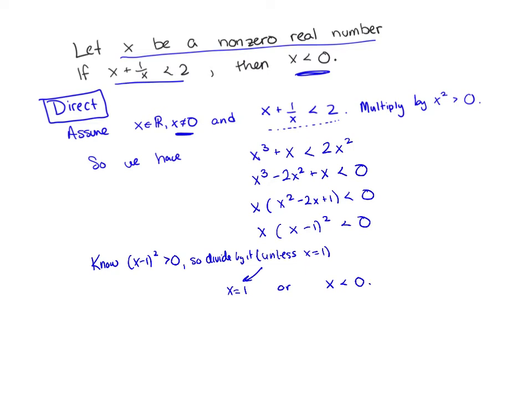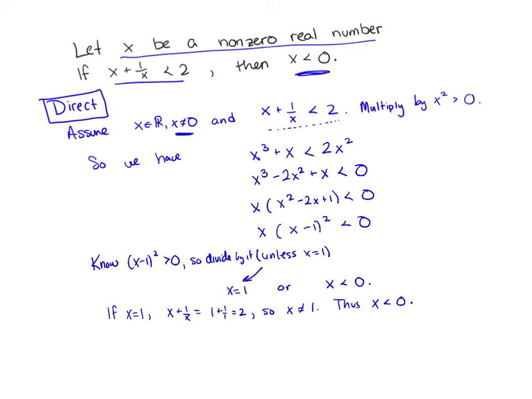Now, in the case x equals 1, x plus 1 over x is equal to 1 plus 1 over 1, which is equal to 2. So x can't be equal to 1. Therefore, we can conclude that x must be less than 0.